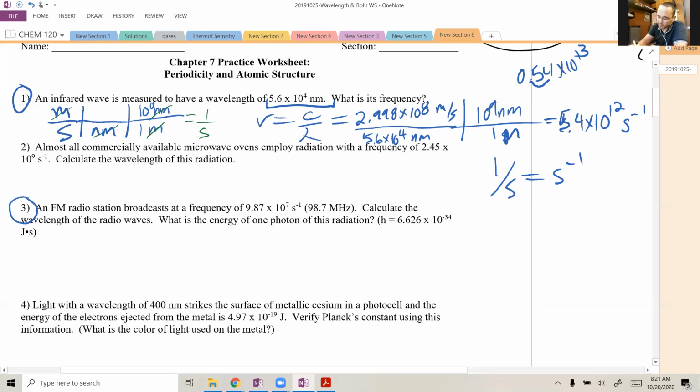So let's look at number 3. We're going to broadcast at a certain frequency, 9.87 times 10 to the 7. And so what we want to look for is the energy of one photon of this radiation. So I'm going to give you guys a moment so you can figure that part out.